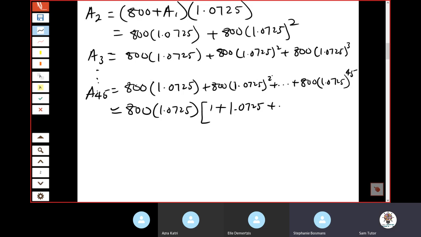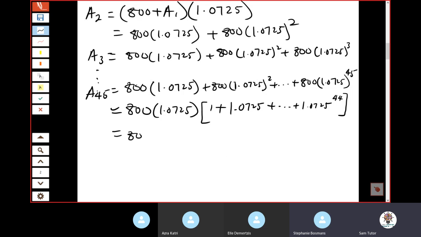No, because to get squared, you only need one of them, because 1.0725 times the 1.0725 here is going to get you the power of 2, isn't it? Yeah. Plus 1.0725 to the power of 44. Good job.